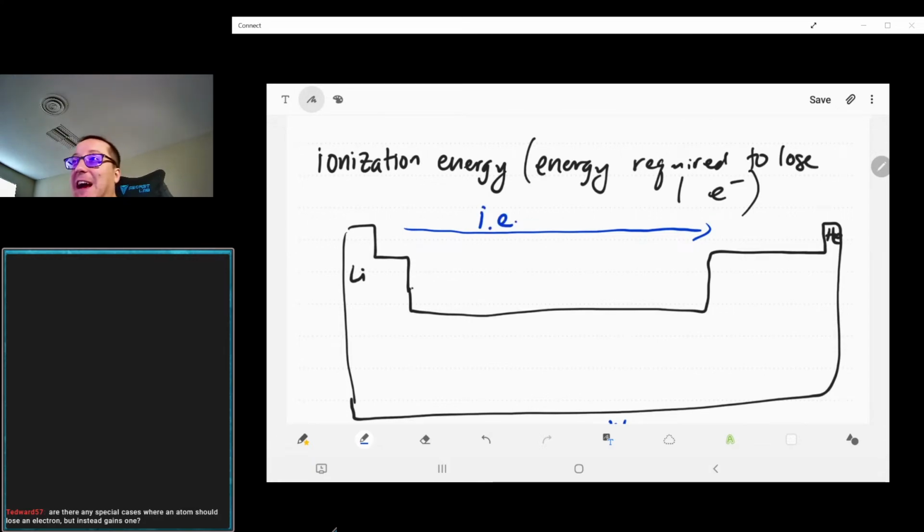We're going to see that the ionization energy will increase as we go to the right. Remember, that's the energy that's required to lose the electron. If it's easy to take the electron from lithium, then it has low ionization energy. It does not require much energy to take the electron from lithium. It's easy to do. However, it's very hard to take the electron from one of the noble gases.